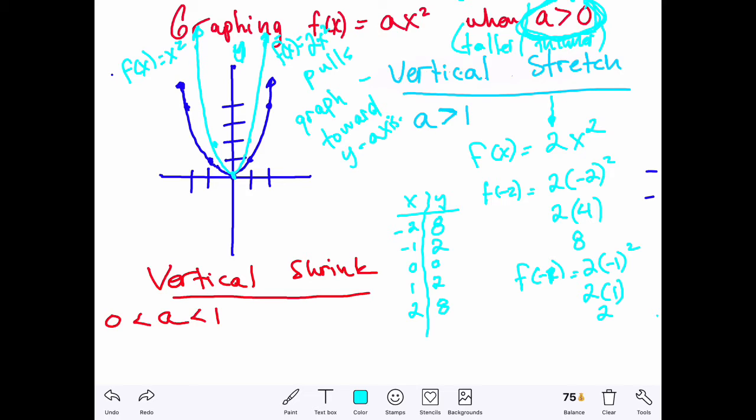This top definition just means that it's a parabola that opens upwards, a greater than 0. And now we're breaking it into two ideas below that, which is a greater than 1 and a between 1 and 0. Let's look now at vertical shrink.